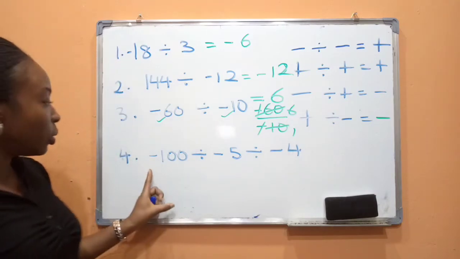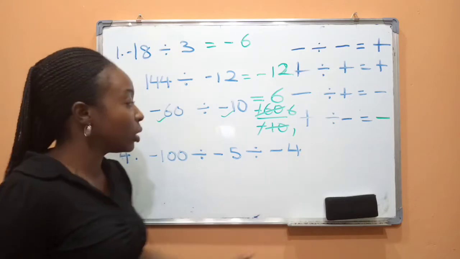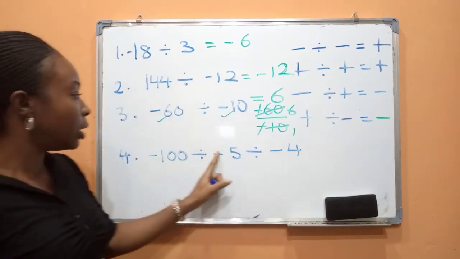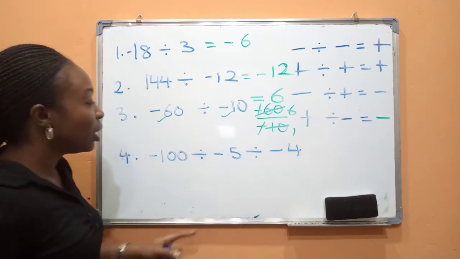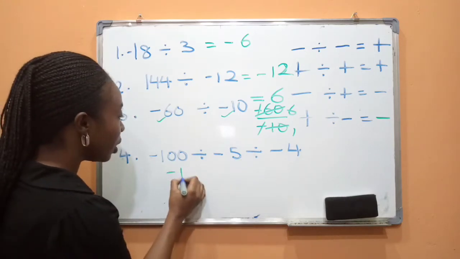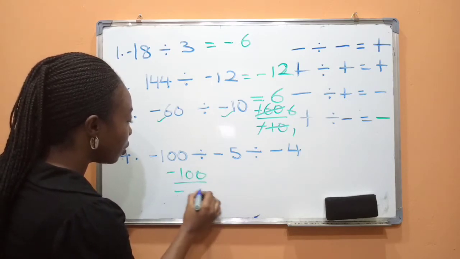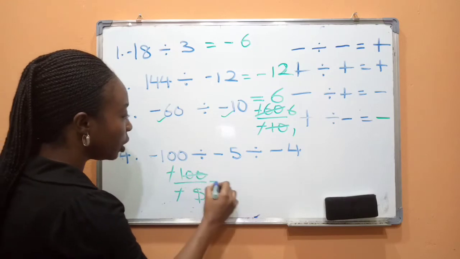Alright, now let's look at this fourth example. We have a combination of 3 numbers. Let's start by sorting out the symbols, okay? Now, when you say minus divided by minus, you have plus because the minus cancels out. That's this. Minus 100 divided by minus 5. This cancels out, right? So we are left with 20.